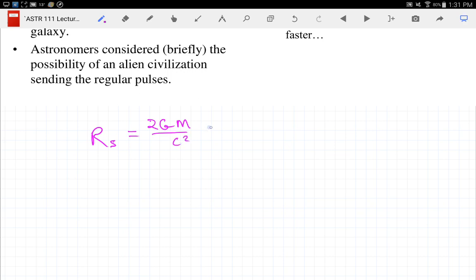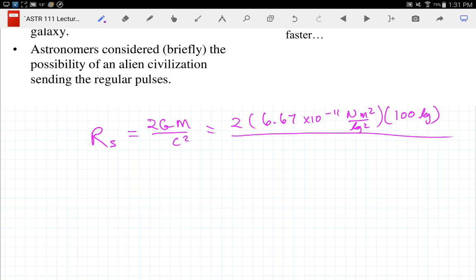And so that's 2 times 6.67 times 10 to the minus 11 Newton meter squared per kilogram squared times your mass, and I said to use 100 kilograms. And then the speed of light is 3 times 10 to the 8th meters per second, quantity squared.